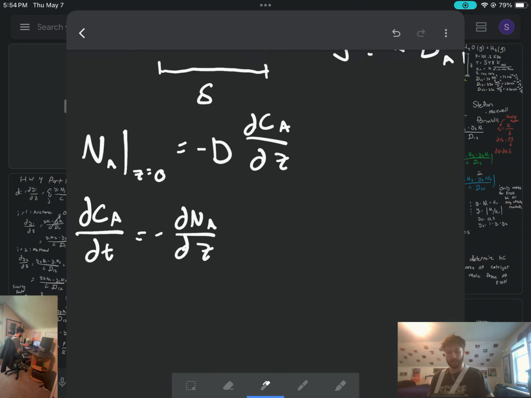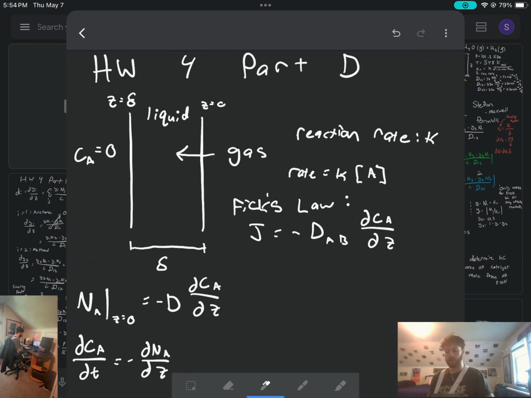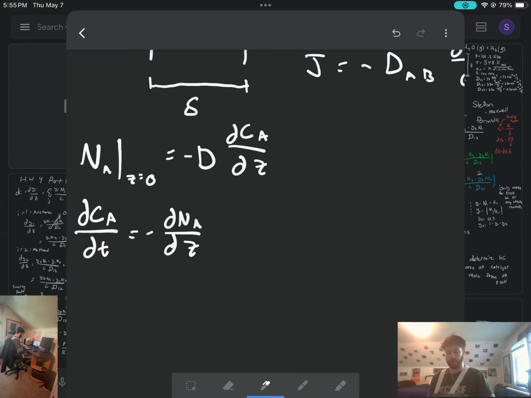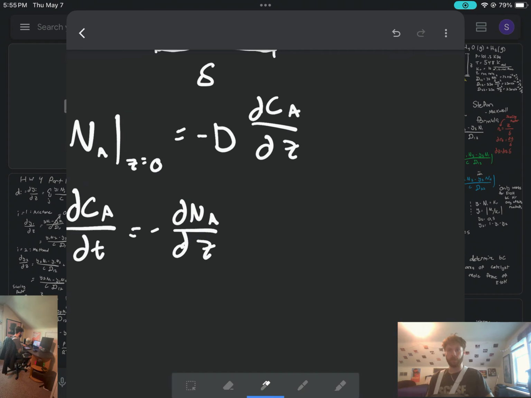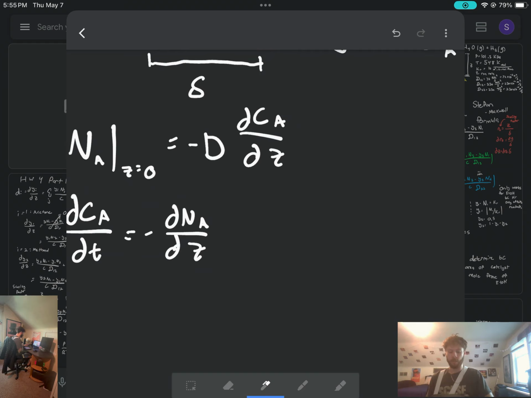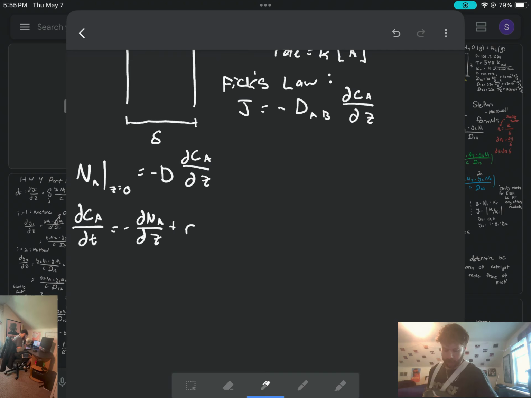So as time progresses, because we're moving from an area of high concentration to an area of low concentration, our concentration will decrease with respect to time because our flux is decreasing. And then we'll add our reaction equation, we'll just say R.